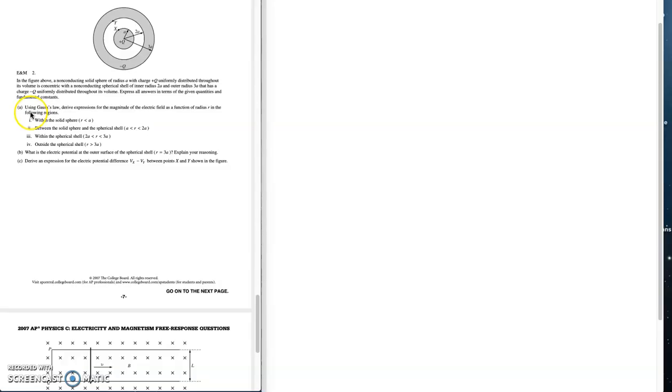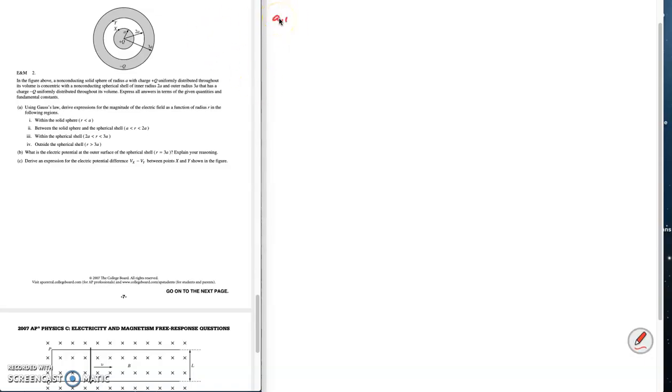All right, part A. Using Gauss's law, derive an expression for the electric field for each of the four regions: inside, between, inside, and then outside. All right, inside we have charge spread uniformly throughout the volume.